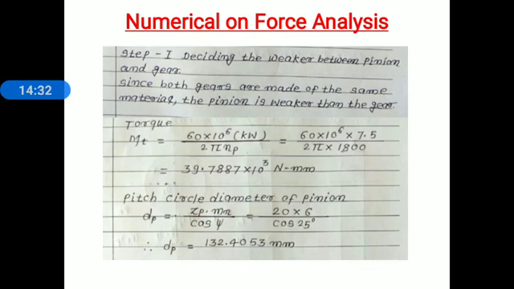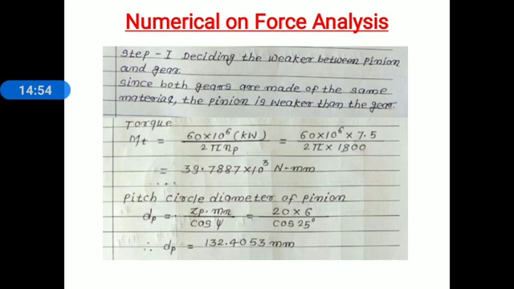Next, pitch circle diameter of pinion. Why do we find the pitch circle diameter of pinion? Because here pinion is weaker, that's why we know all the parameters of pinion. The pitch circle diameter of pinion is denoted by D suffix P. We know the formula for the pitch circle diameter of a helical gear: Z suffix P into m suffix n divided by cos psi.